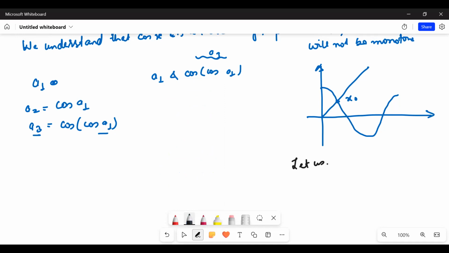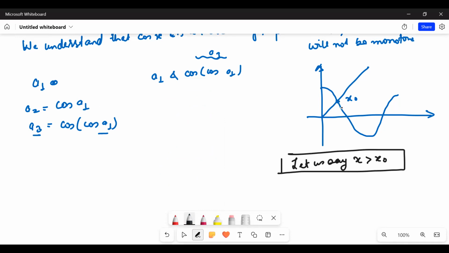Let us say that x is greater than x0. Just think x is greater than x0.